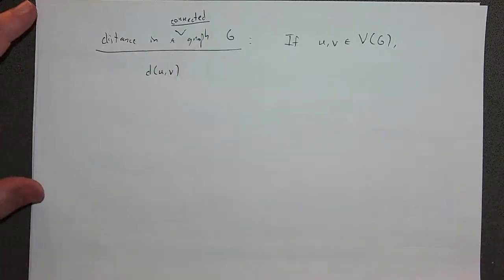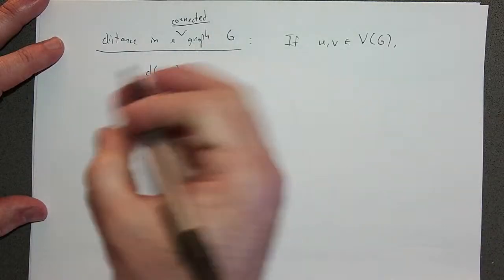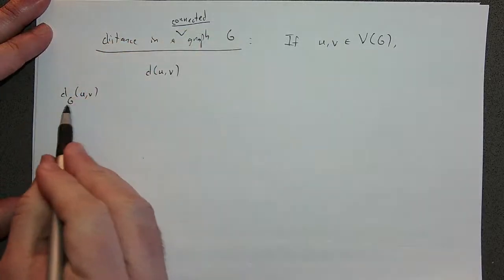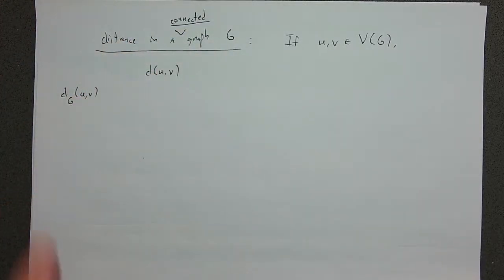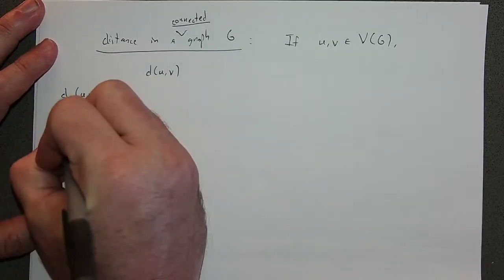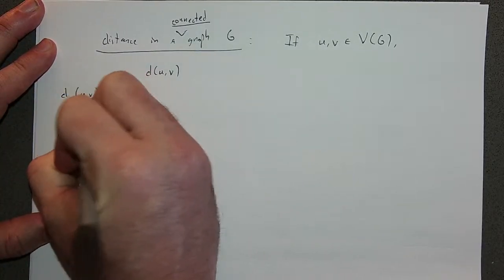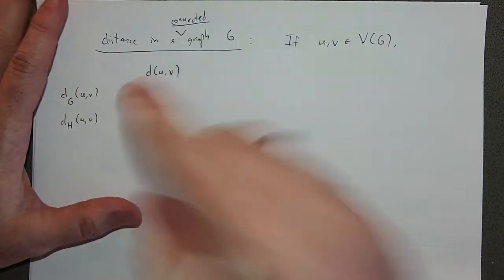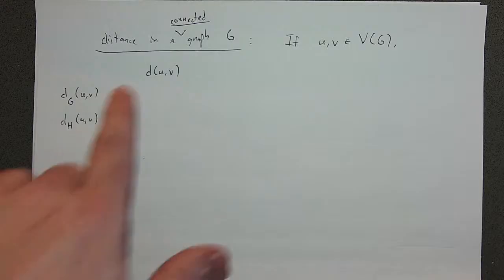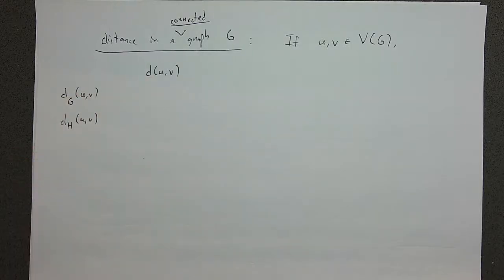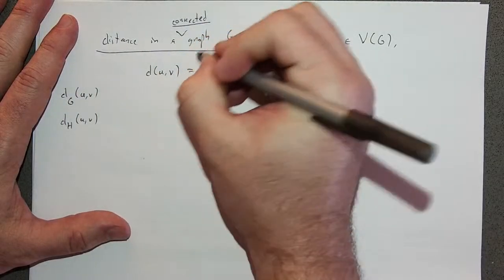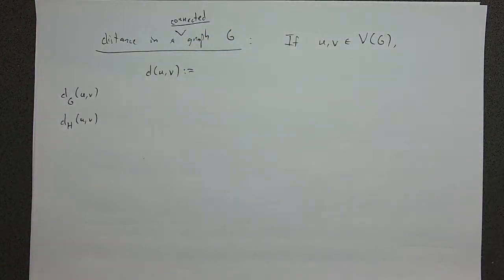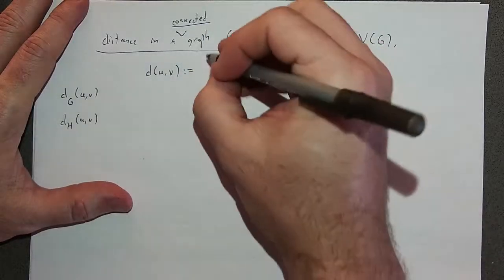If we have multiple graphs showing up in some context, then we may label this to make clear we're talking about the distance in the graph G, because we might also have distance in a graph H. But when the context makes it clear what graph we're talking about, we just drop that and write d of uv. So d of uv, what is this? This is the length of a shortest uv path in G.